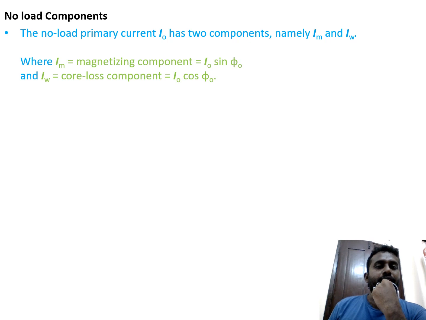The no load component. When there is no load, the current will be the no load current, and that no load current has to supply the magnetizing component and the core loss component, that is Im and Iw. Im is the magnetizing component, I naught sin phi naught, and Iw is the core loss component, I naught cos phi naught.